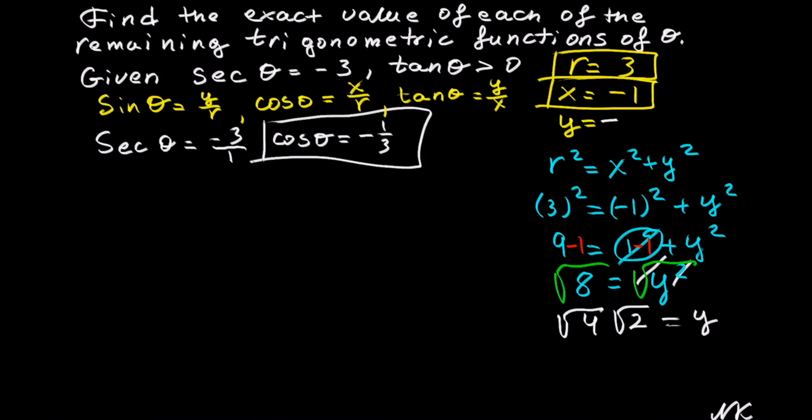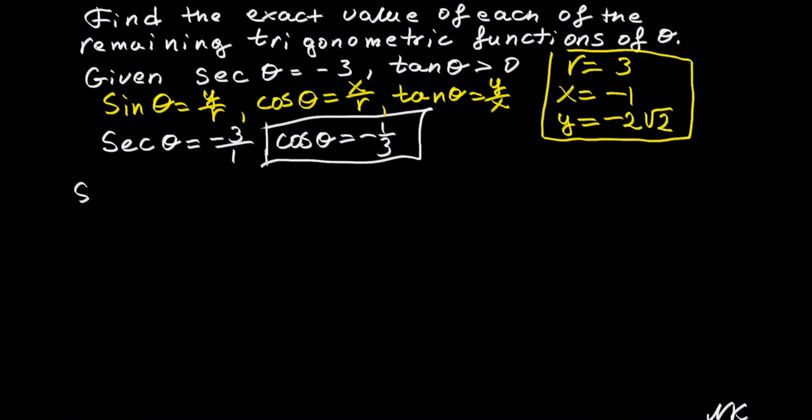So we get square root of 8 equals radical 4 times radical 2. Square root of 4 is equal to 2, and radical 2 will stay the same. So y would be equal to -2 radical 2.